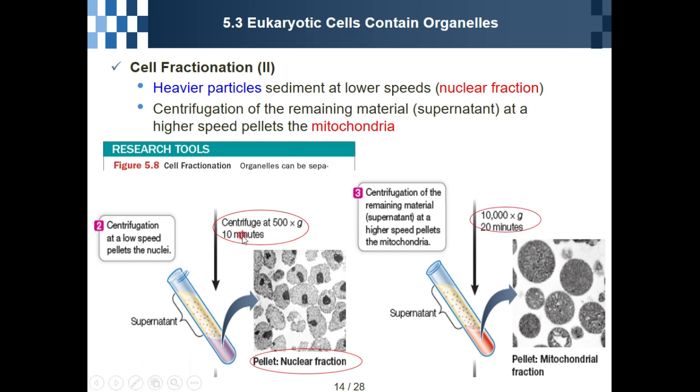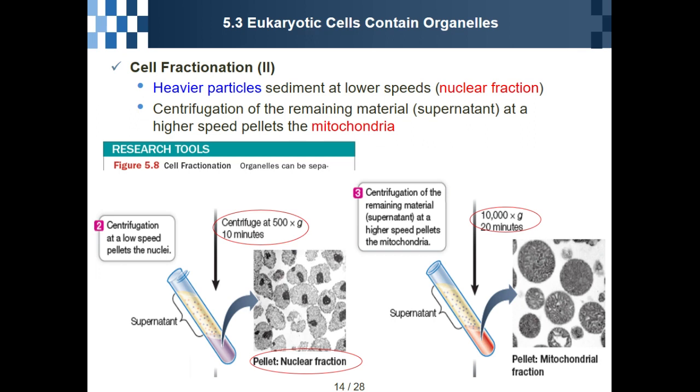So centrifugation of the remaining material at higher speed pellets the mitochondria. From this pellet we can collect mitochondria. In this supernatant, maybe there will be ER, Golgi, ribosomes, something like that. After that, we also collect this supernatant, and then we can apply even higher centrifugation forces.